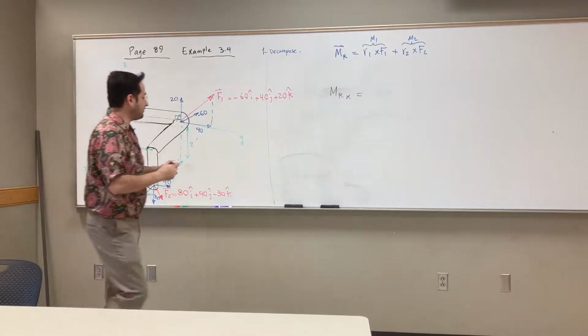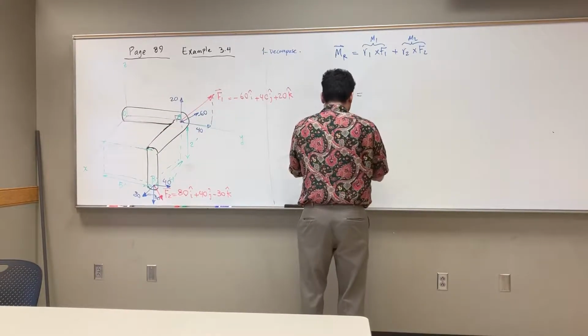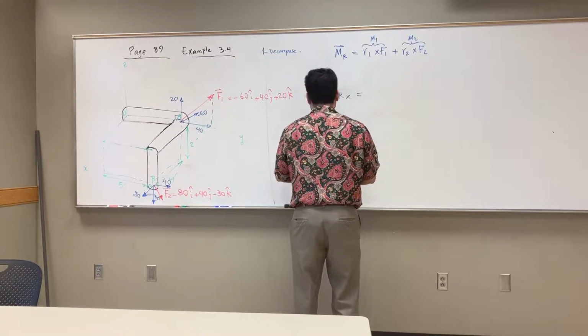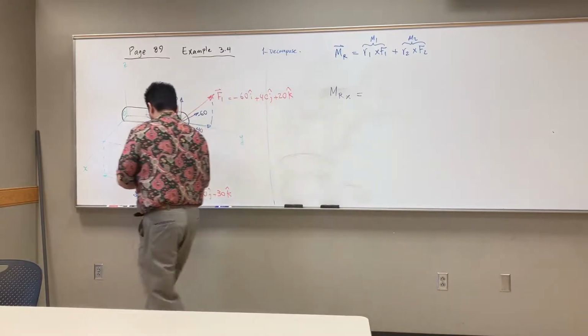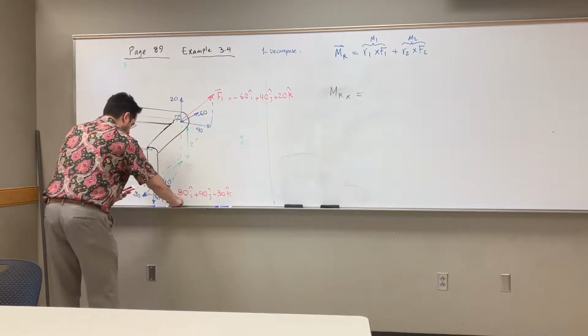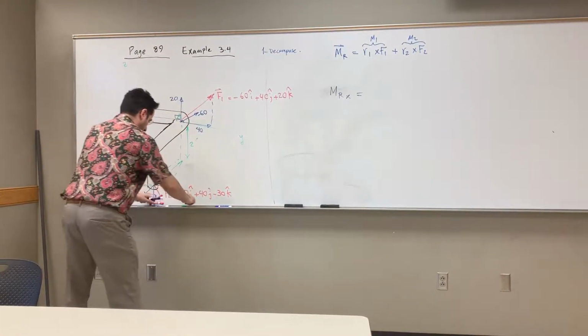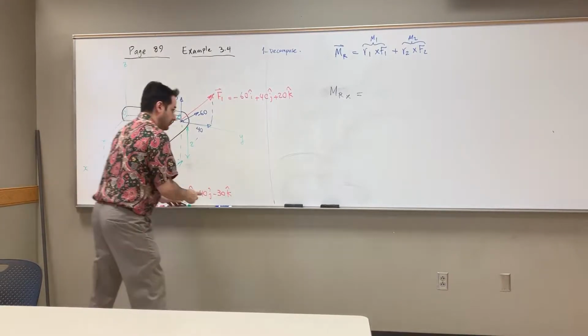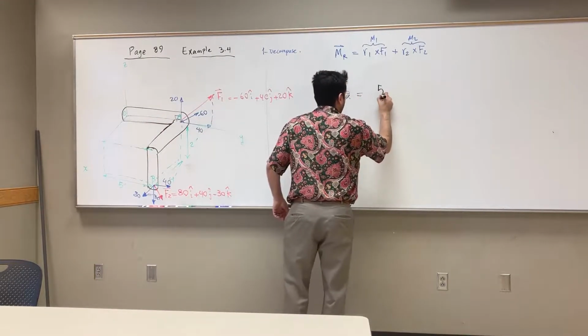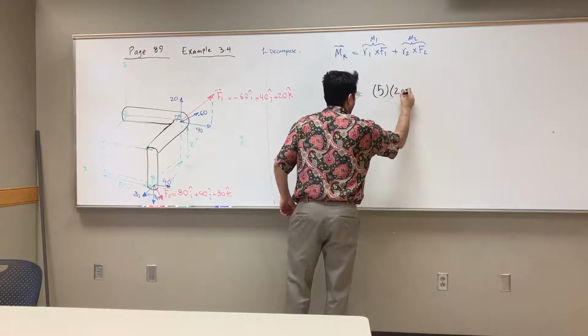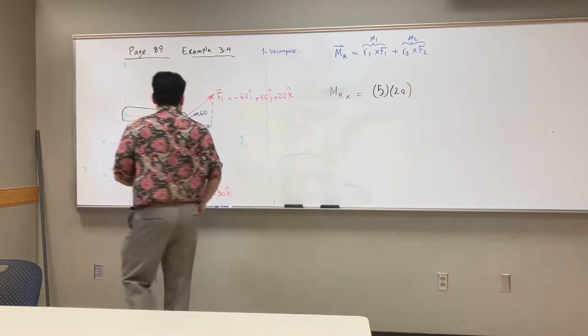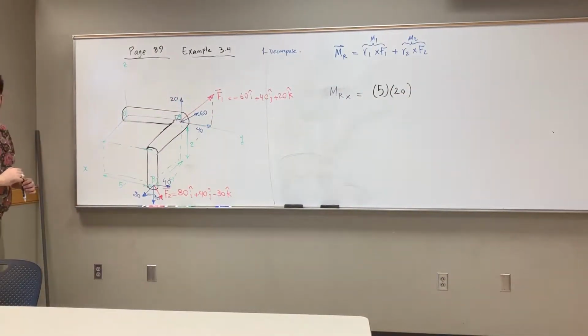So it's 5 times 20. Positive or negative? Positive.